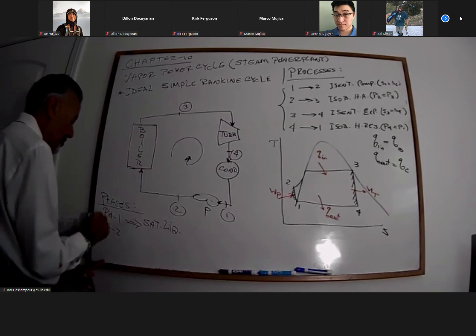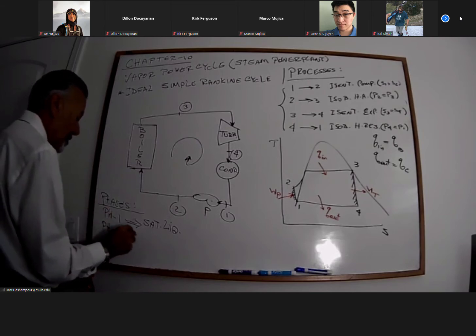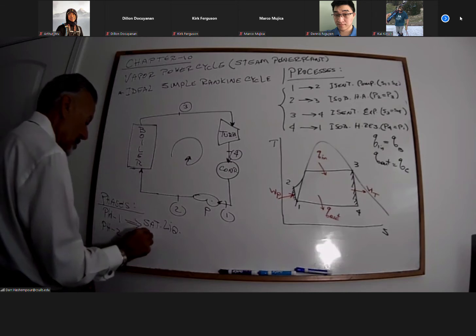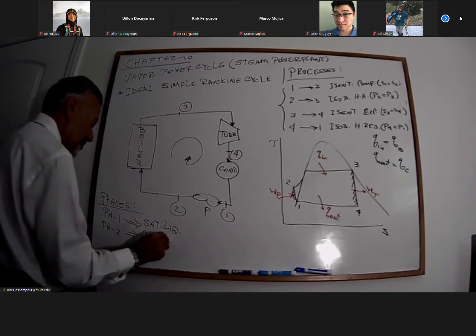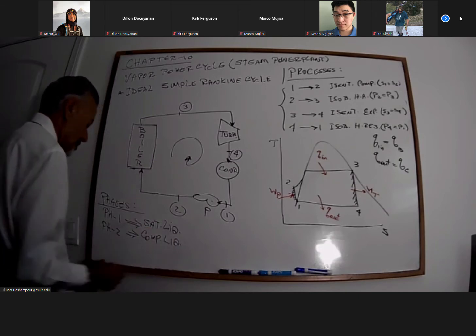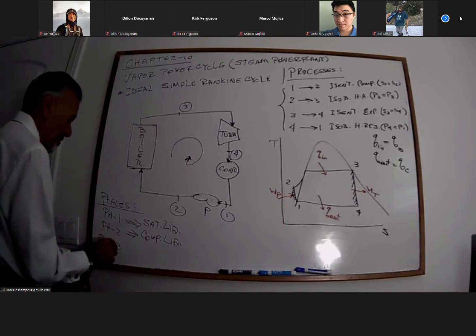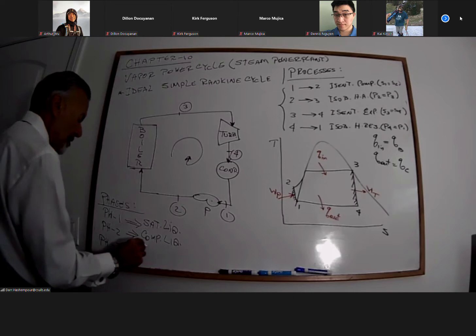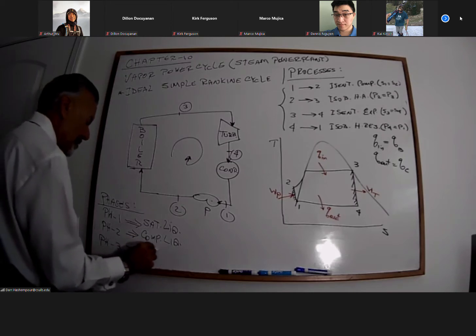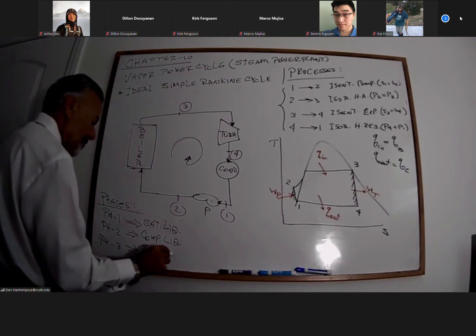Phase 2 is compressed liquid. Phase 3 is saturated vapor.